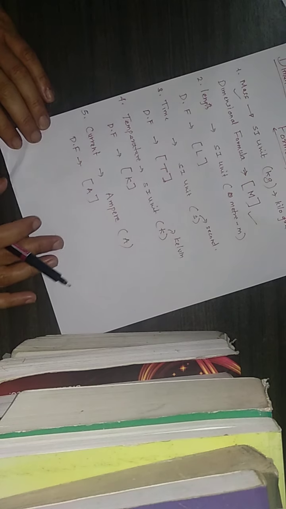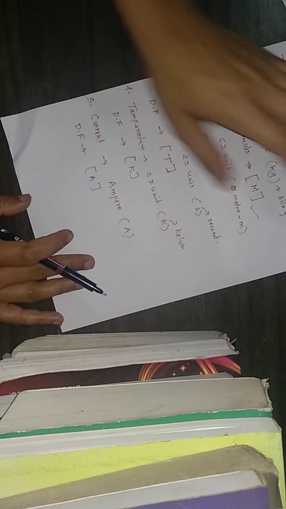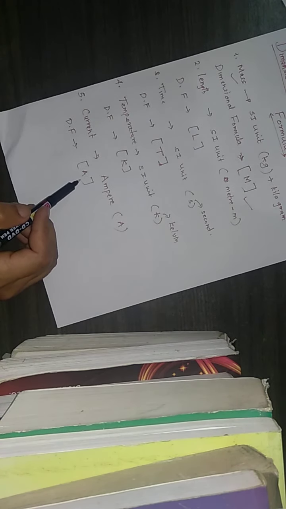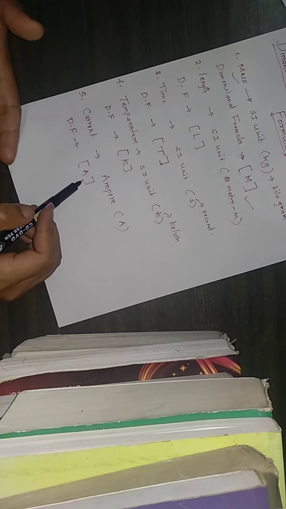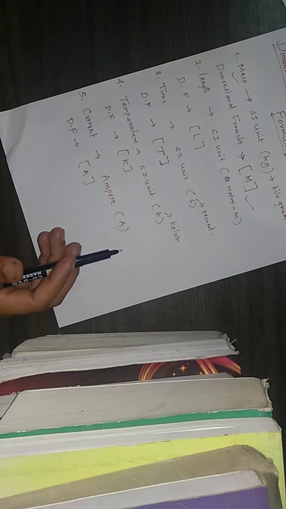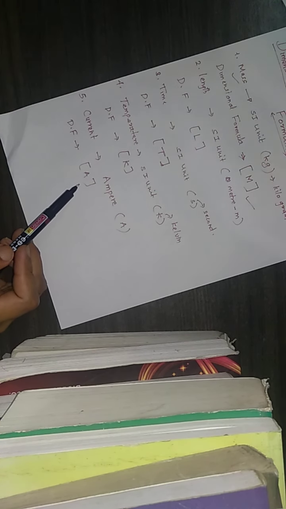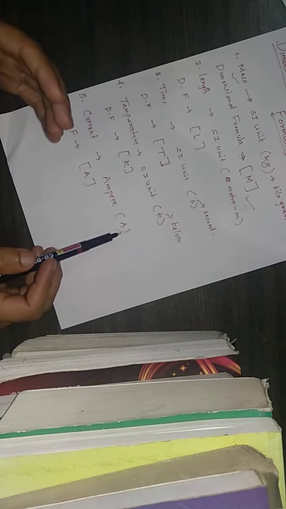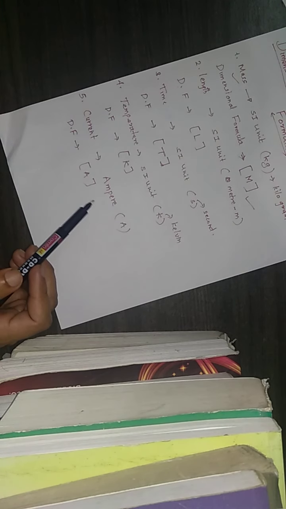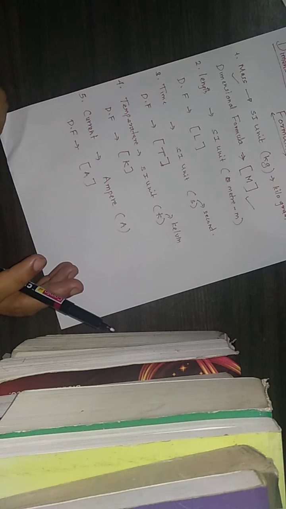You cannot ask why A and why not C. It's just a convention, and there is no specific formula for it. You have to follow this convention. You cannot write C here because it has been followed since a long time.